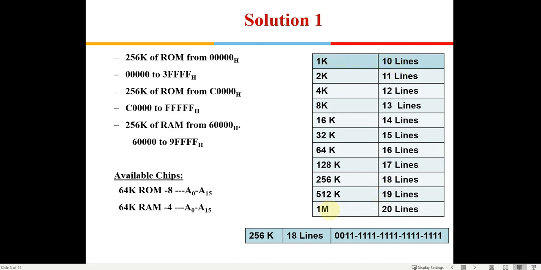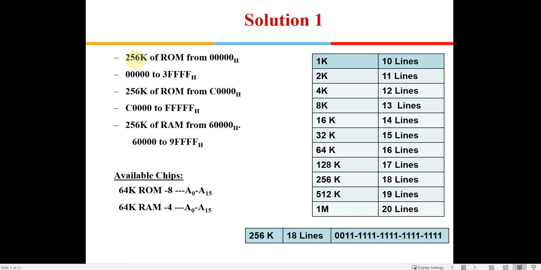Similarly, for 1 mega memory, we know that the 8086 has got 20 lines. So you should always have this table with you, even when you are writing exams, so that you don't spend time calculating it, and this will become handy.